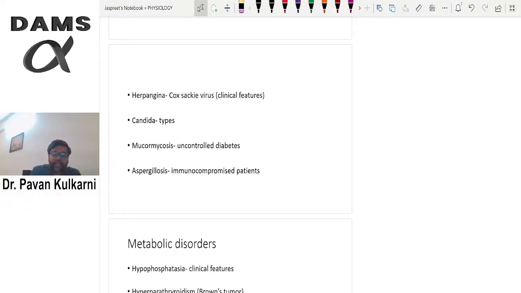If a patient is immunocompromised, that is an HIV positive patient, their chance of aspergillosis is more. How to differentiate between the two? Histopathology is very commonly asked. That is septate versus non-septate. We have discussed in detail which are the septated hyphae and which are the non-septated hyphae. All that are the questions that are frequently asked.